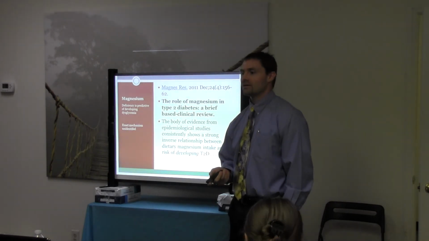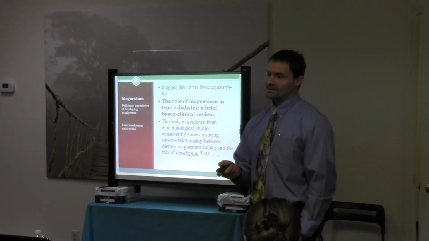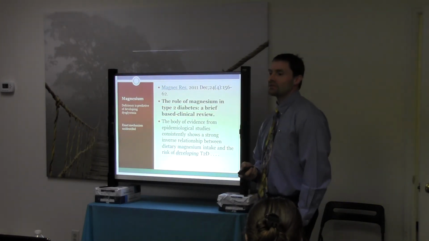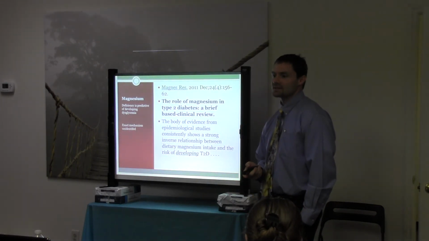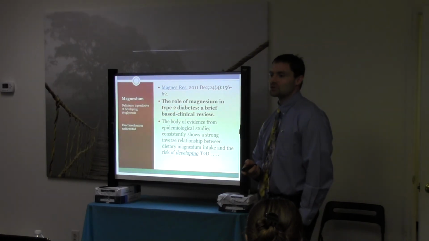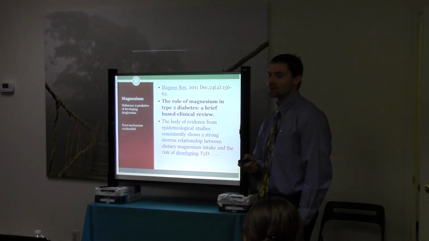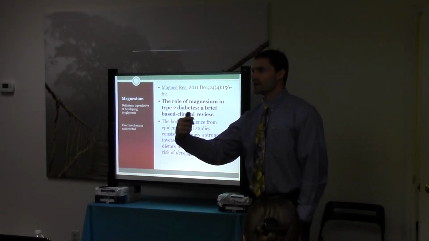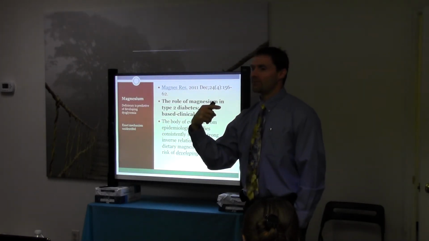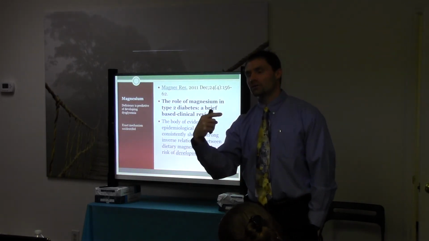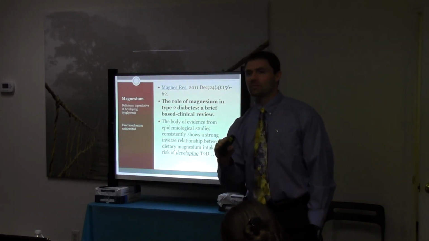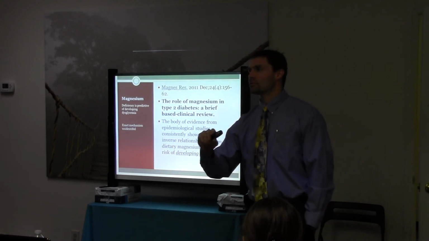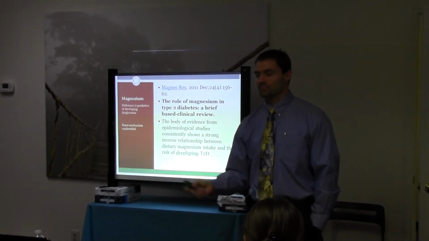What they found, if you look at the last portion here, is that the body of evidence from epidemiological studies consistently shows an inverse relationship between dietary magnesium and the risk of developing type 2 diabetes. So again, it's that predictive nature that we're looking for. We want to have markers to identify early on, to say, look, if you don't do something about this marker, this is a possibility of where you could end up.